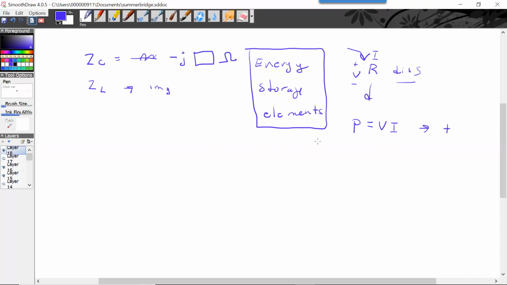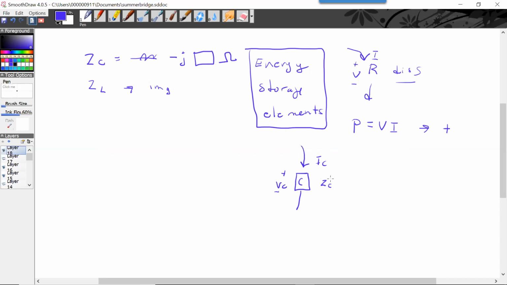But if I were to pass current through a capacitor, and I have VC and I have IC, power is still the same, but it's going to be imaginary. And so when the power is imaginary, the energy doesn't go anywhere. It's just stored and transferred and put away, you could say, for later, right?